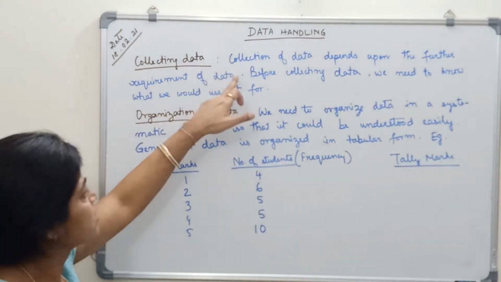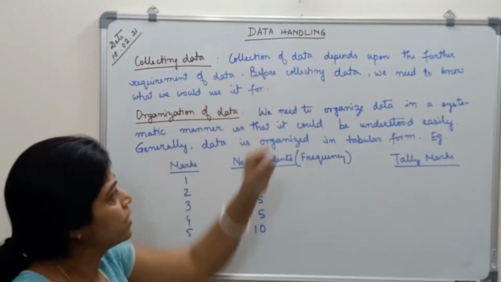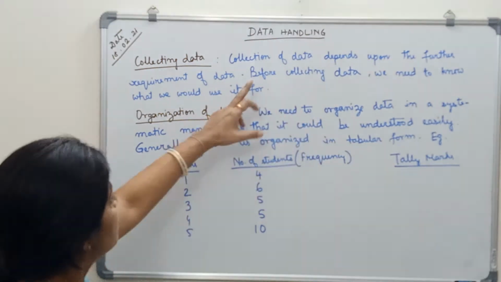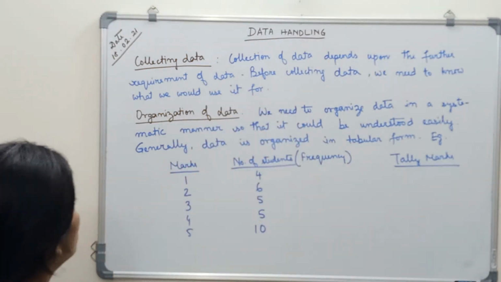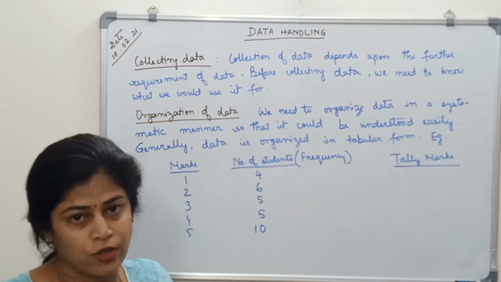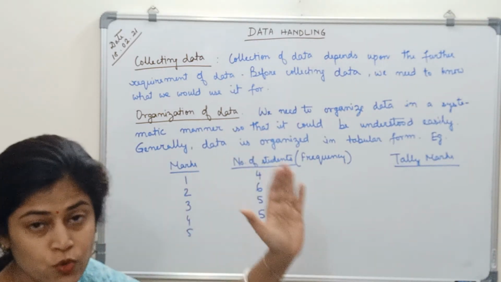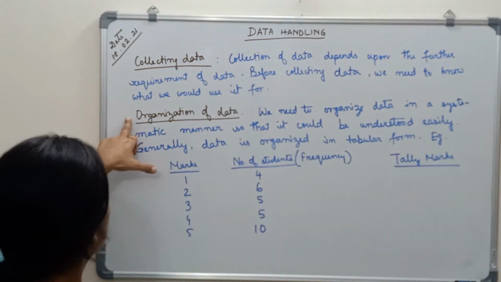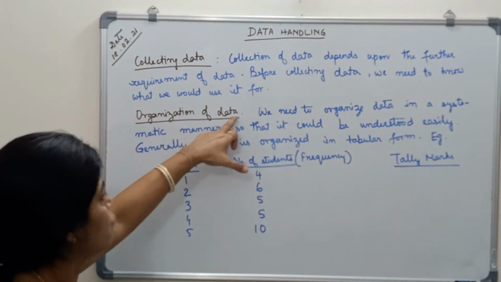Collection of data depends on the further requirement of the data. Before collecting data, we need to know what we would use it for, how we are going to use that data in the problem.